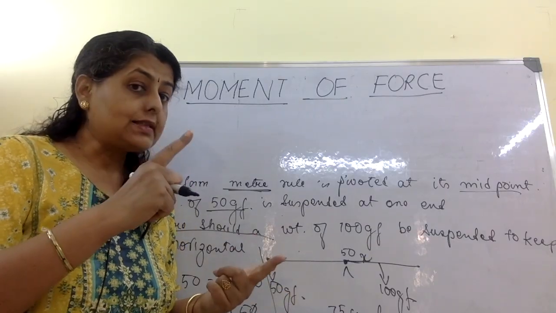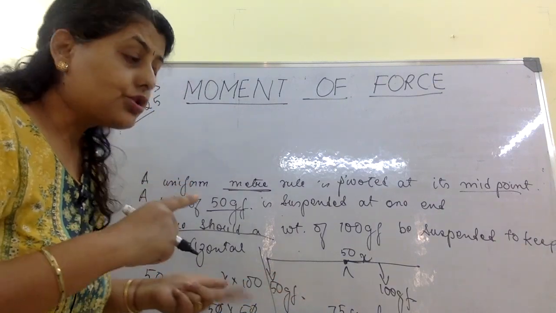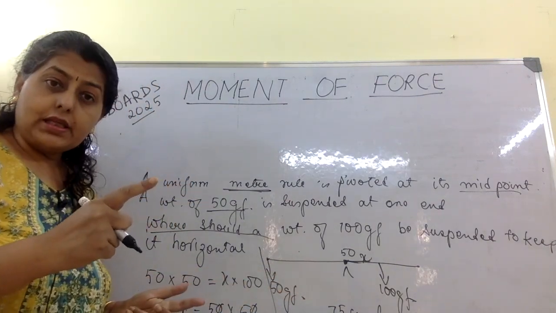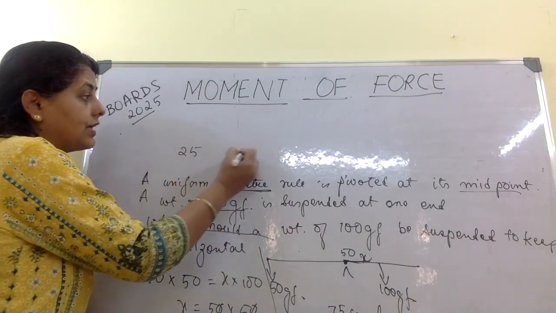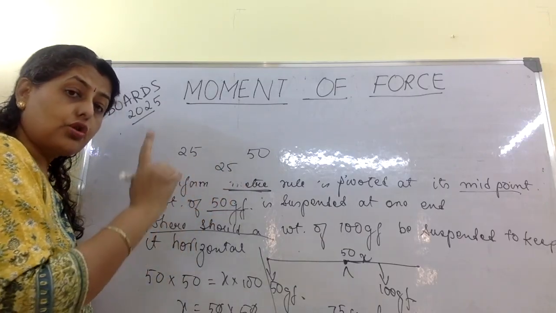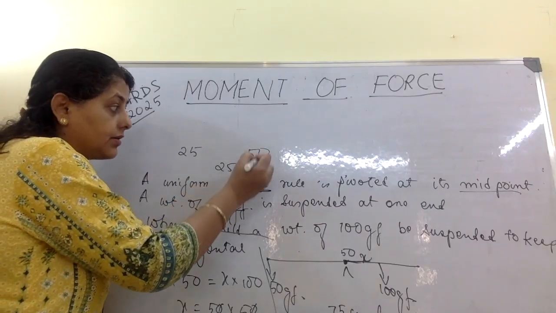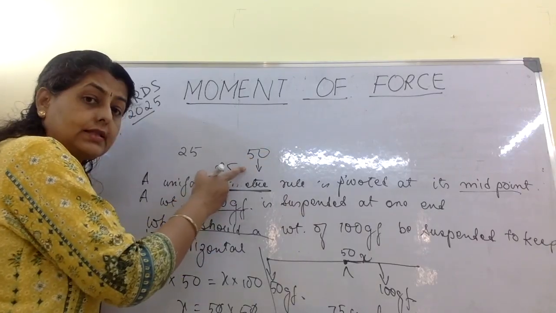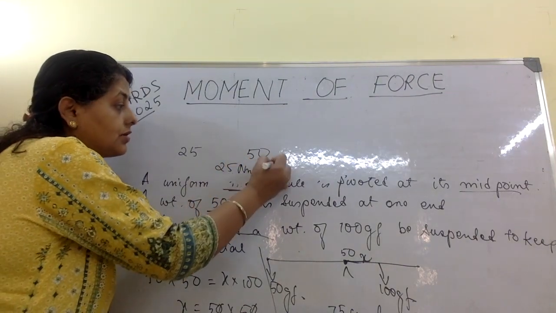Now if the moment on one side is more and on the other side is less, you have to get the difference. Supposing on one side it is 25 and on the other side it is 50, then the difference is 25. Now you have to see which is bigger. If clockwise is the bigger one, after writing the difference you say 25 Newton meter clockwise.